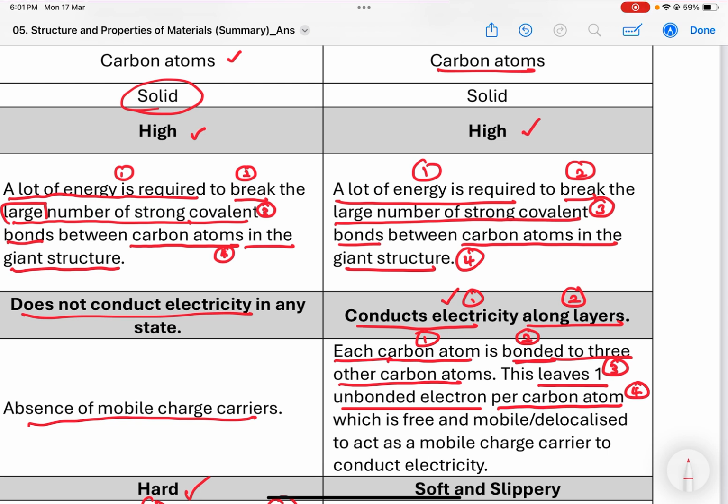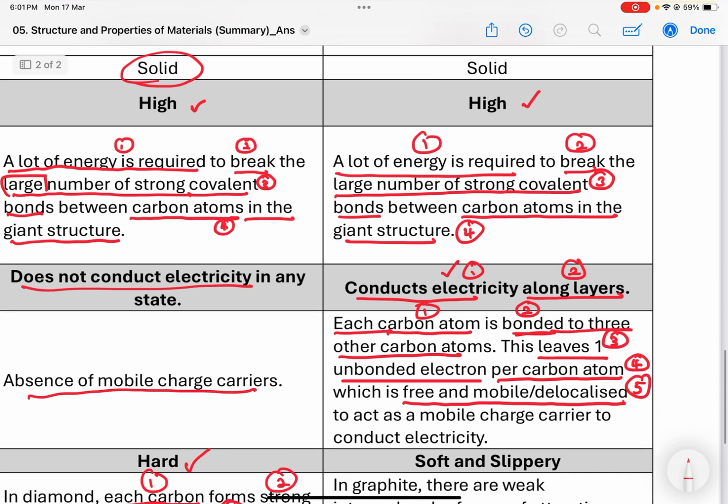Okay? Now if this electron is unbonded, take note, they are free and mobile, or you can say free and delocalized. And because they are free and mobile, they can act as mobile charge carriers. Once they can act as mobile charge carriers, they can conduct electricity. So for graphite, they are able to conduct electricity along the layers because of this.